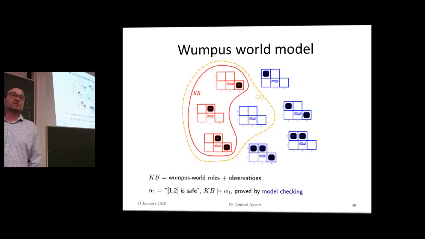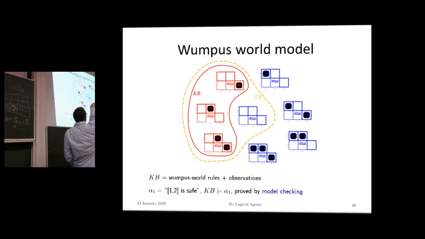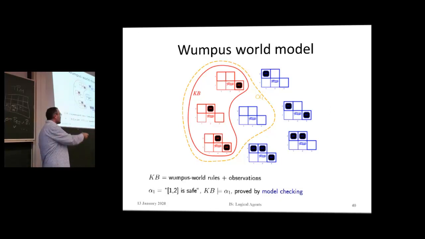We look at all the models of the knowledge base, basically those three states, and we just check for all of those models whether there is a pit or not. And here is no pit, here is no pit, here is no pit. So basically we have now proven that 1, 2 is safe, there's no pit, so that the agent can move there.